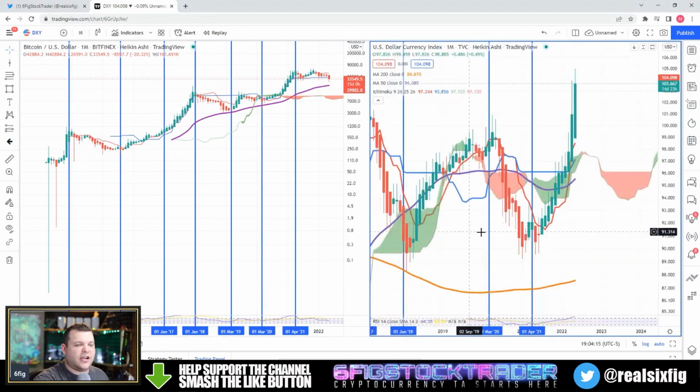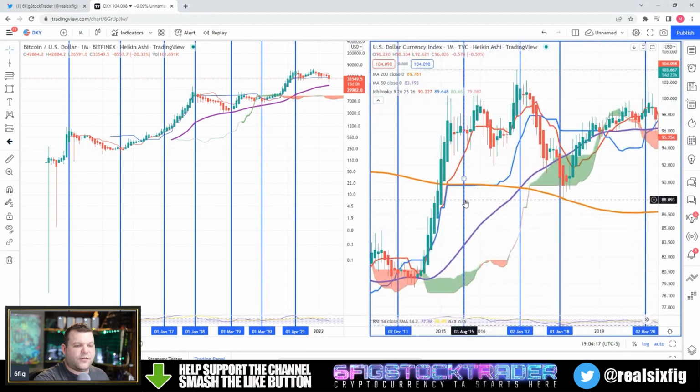We can see that from August 2015 to January 2017, the markets really kind of traded sideways. And so Bitcoin really didn't care at this point in time what the US dollar strength was doing. As long as it was just kind of trading sideways, Bitcoin continued to rally.